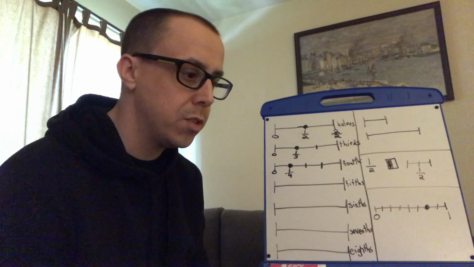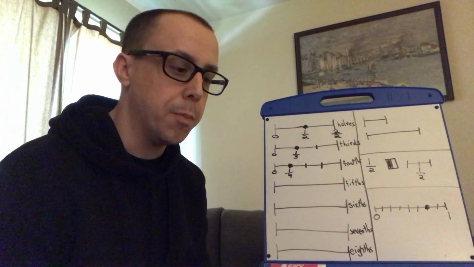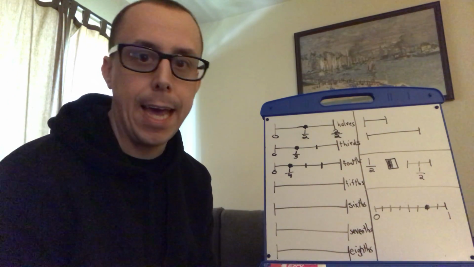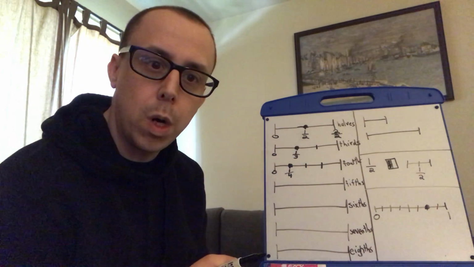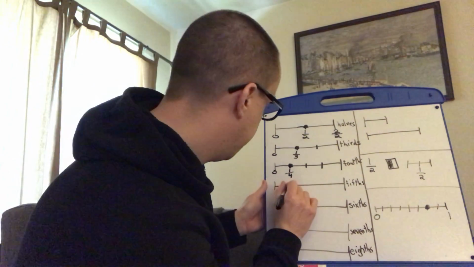Okay, fifths is a little bit harder because I can't start by dividing it in half. But if I think about where 1/4 is, I can go a little bit smaller than that to get 1/5.